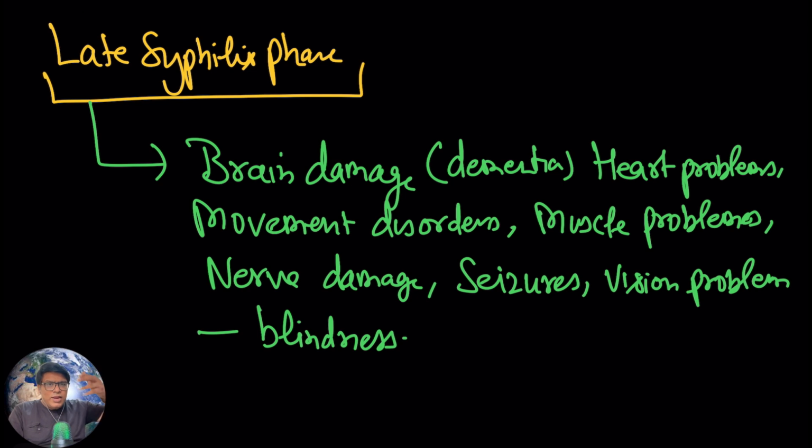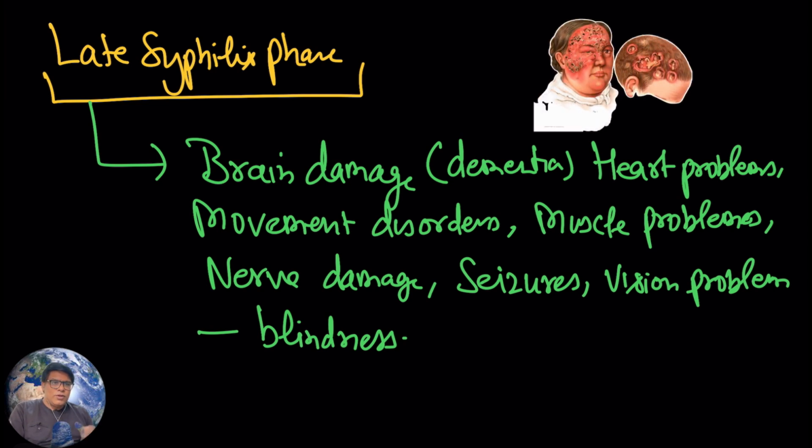So in the late syphilis phase, the individuals are going to have serious symptoms like this. Now here you can see in the picture how the individual appears when they have this late syphilis phase of syphilis.